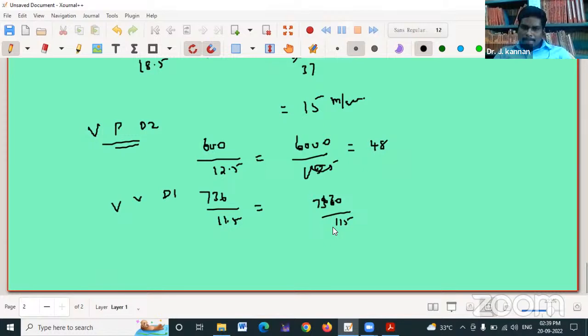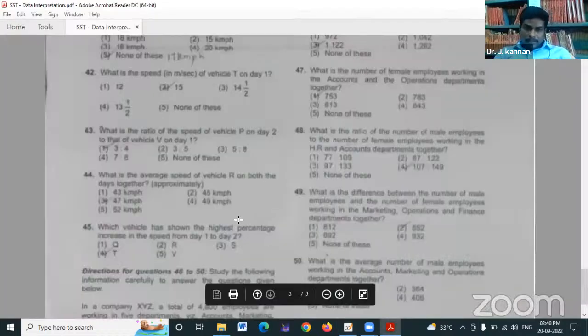And here it is 64. So the ratio is 48 is to 64. Cancelling by 16, 3 times and 4 times. So therefore the ratio is 3 is to 4. The answer is 3 is to 4.